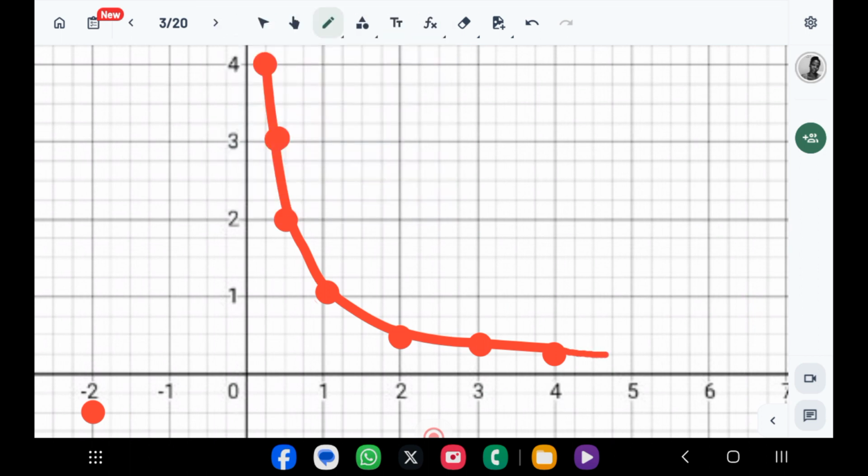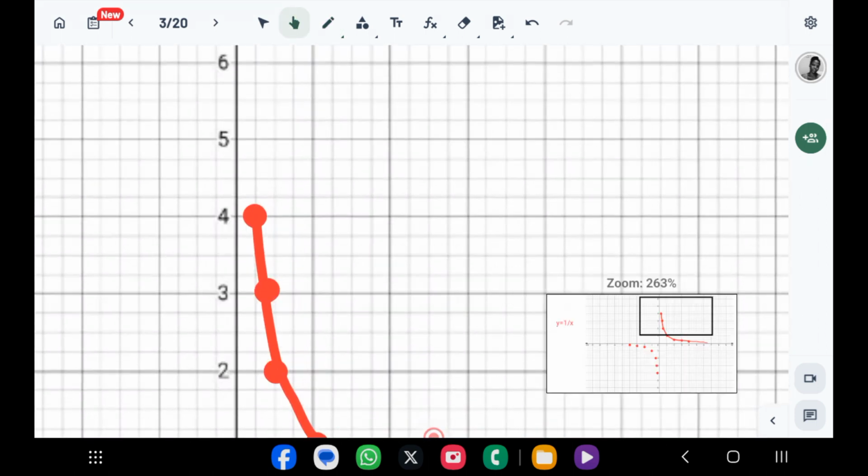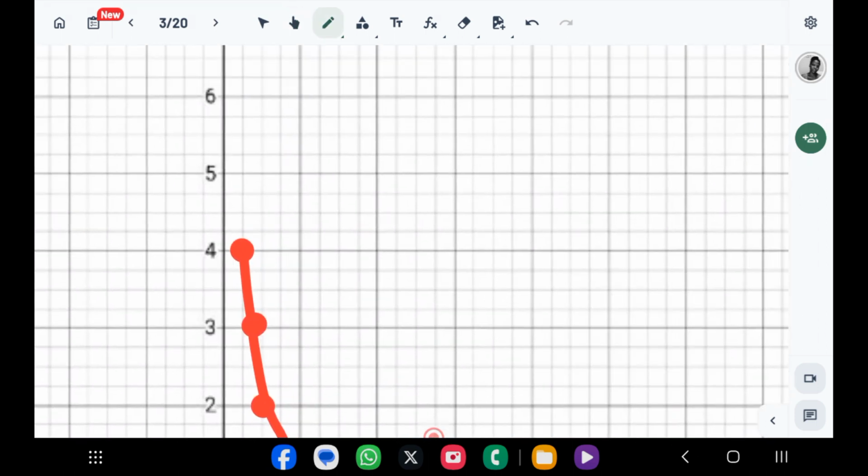So it's going to go towards, okay, it's not straight, but that's how it goes. It never touches, but it tends towards the axis. It goes towards the axis, but never touches.